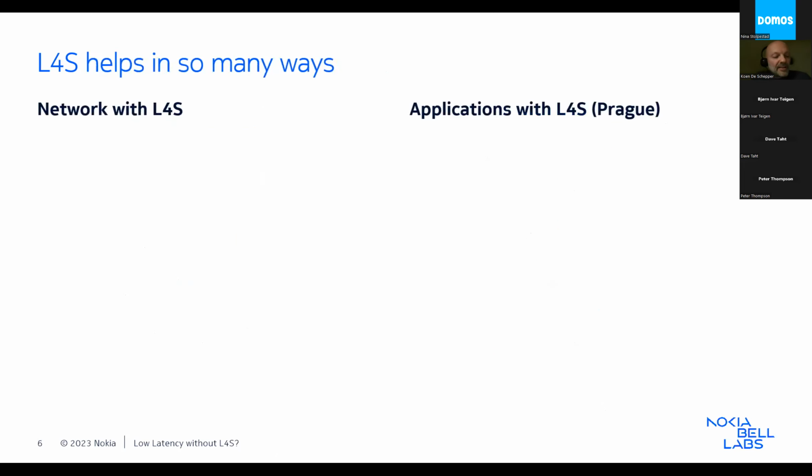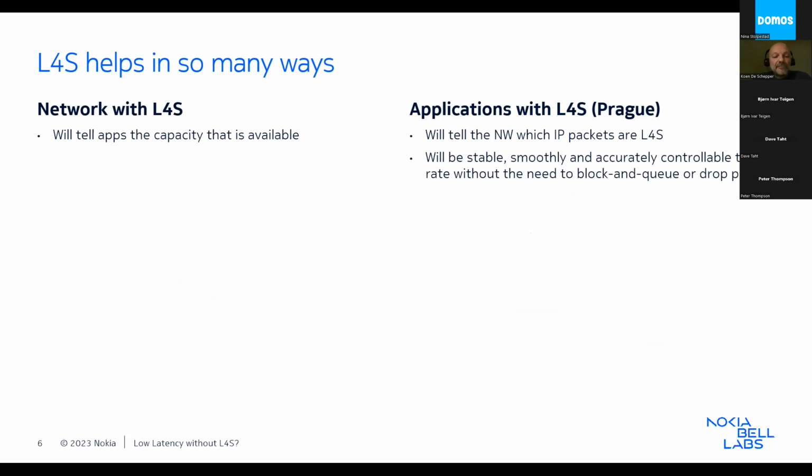So as LFRS can help in so many ways, let's quickly go through this overview. First, the applications can tell the network which IP packets need low latency and support LFRS. Via these packets, the network can tell the applications the capacity that is available. With that information, apps will be stable, smoothly, and accurately controllable to any rate without the need to block, queue, or drop packets.